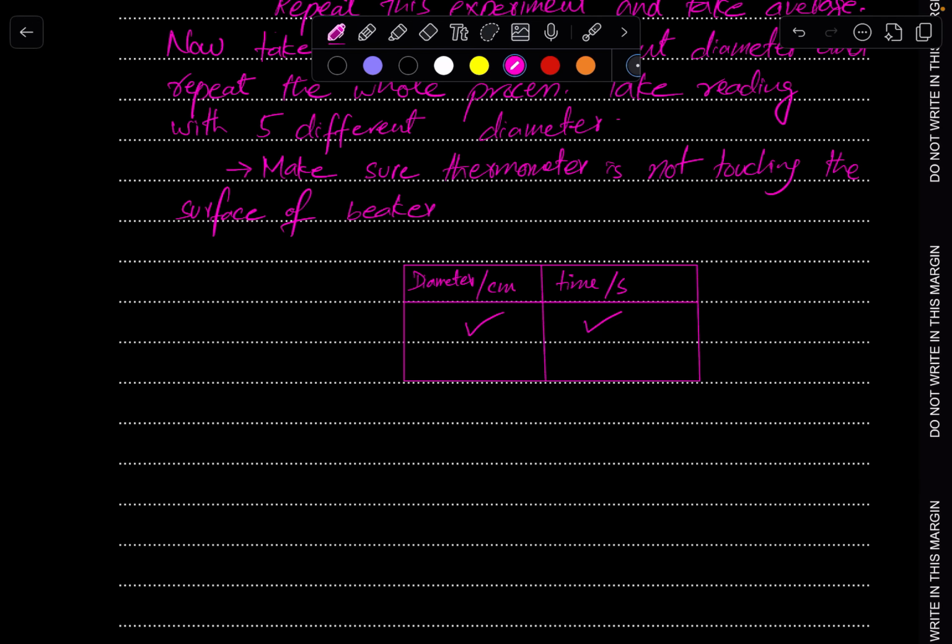If you make the table between the diameter and temperature, this will compare how the diameter change can change the final temperature in a fixed interval of time. So it depends how you're dealing with this. You have to make any one of them.